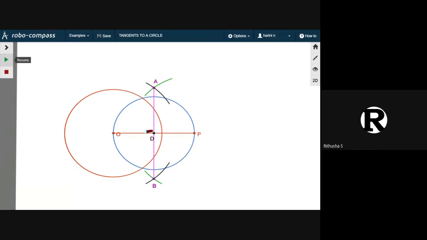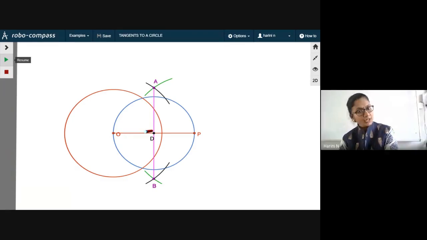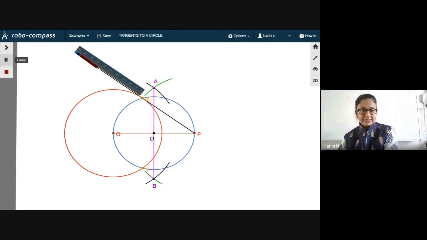Yes, ma'am. Are you getting it in your diagram also? You're getting the points of intersect. Mark the points of intersect as X and Y. Next, I will be joining PX and PY.